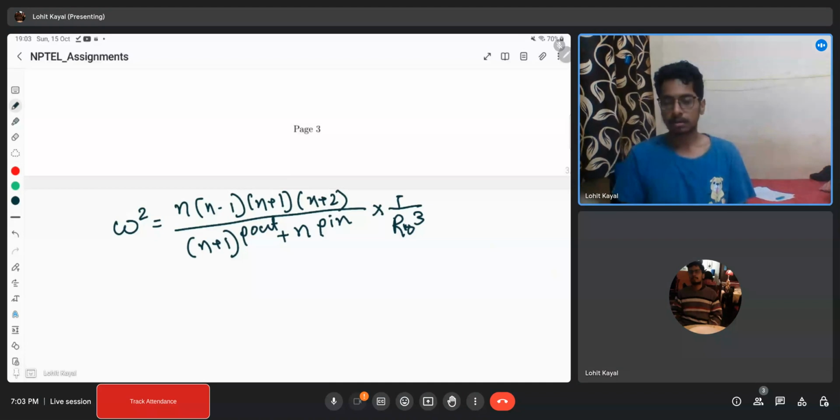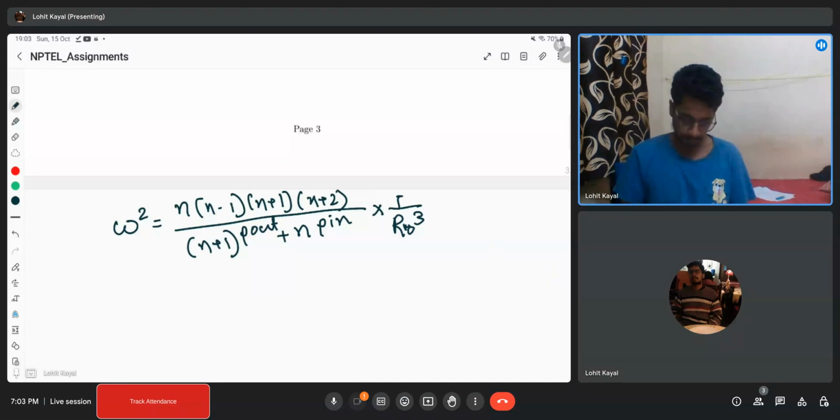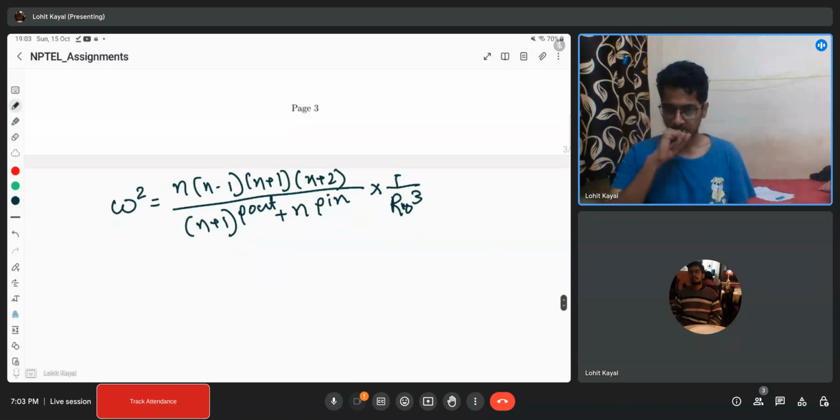Here r naught is the radius of the bubble or the sphere.